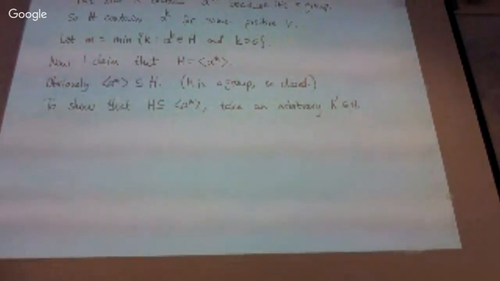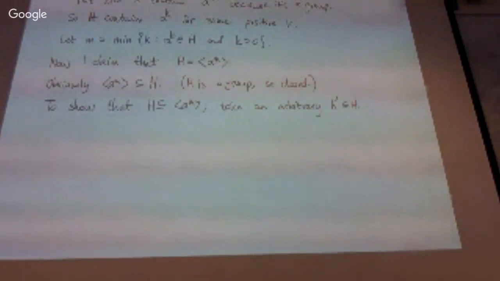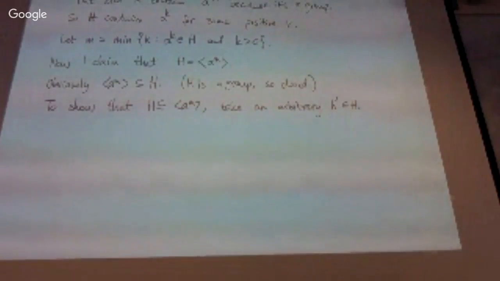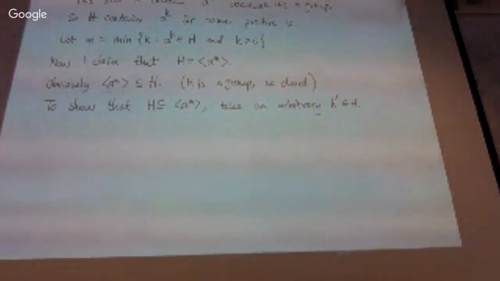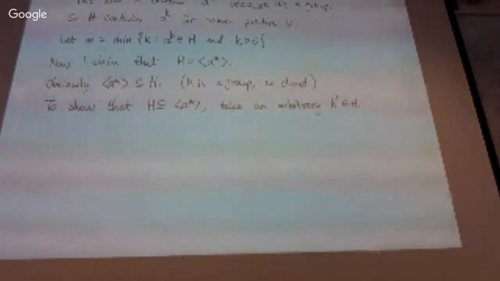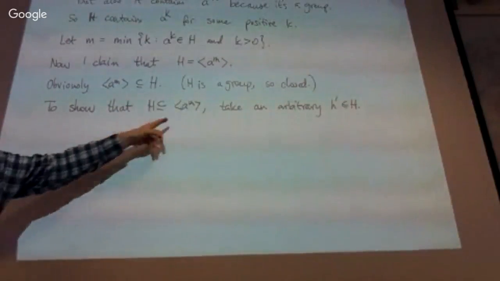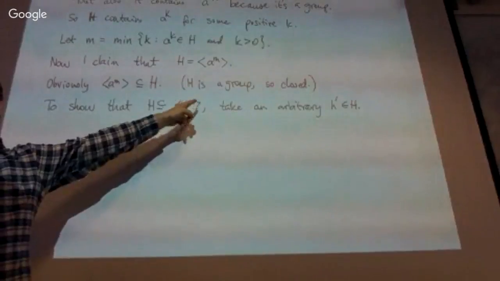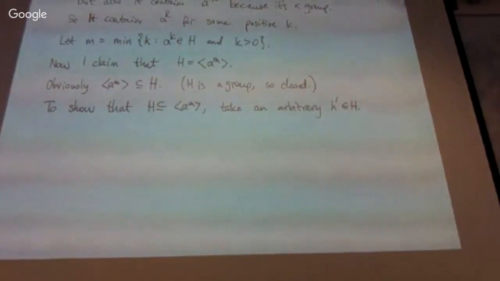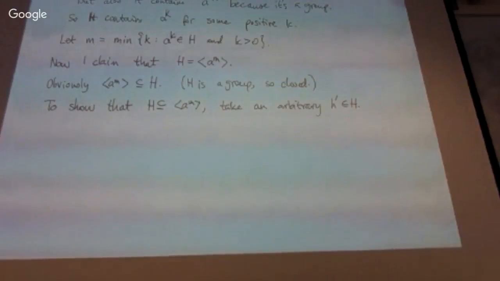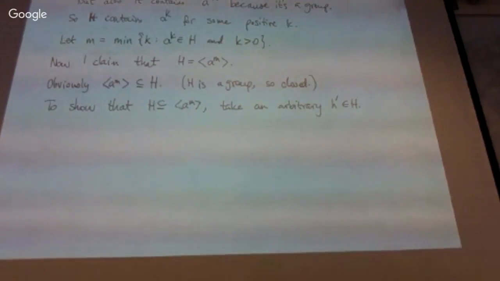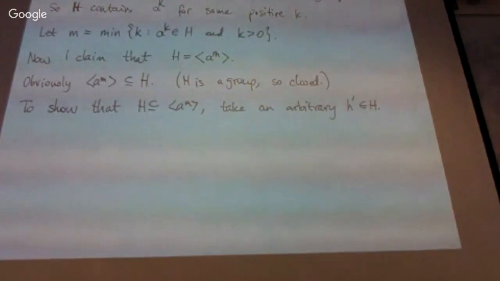Is that H dash? Within the brackets, is that angled a to k, or a to the m? This is a to the m. Is it too small to read? Then you should sit in the front. I can see them on the image, yeah.